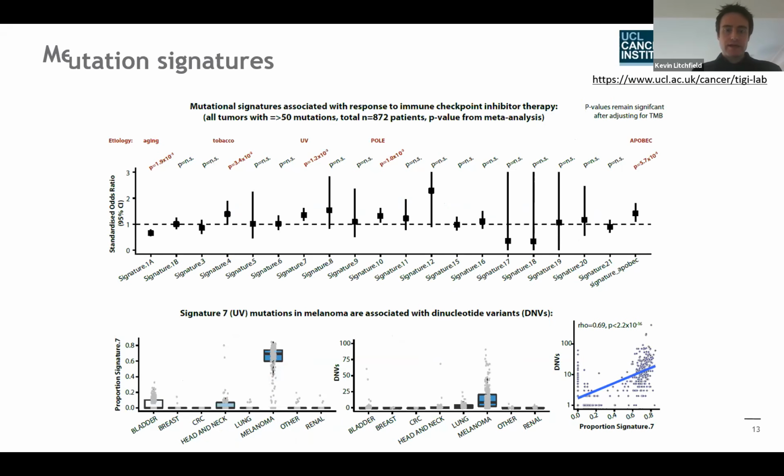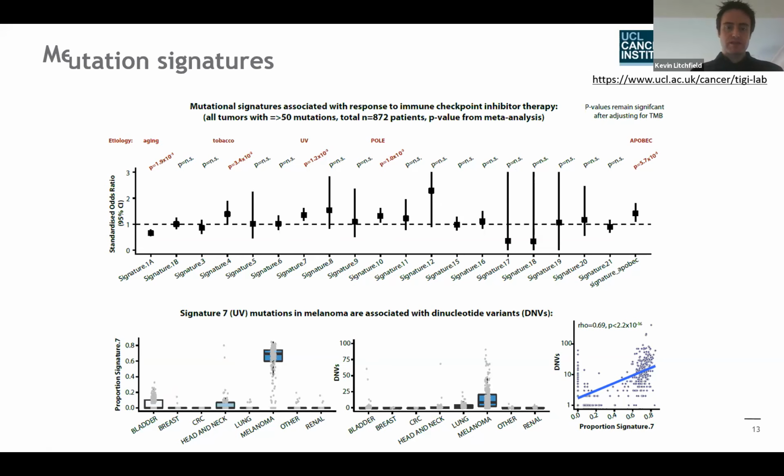We moved on in our analysis next to look at mutational signatures. We first of all did an analysis of all of the published COSMIC mutational signatures, and we found several of them to be predictive of checkpoint inhibitor response, and this is after correction for tumor mutation burden. Also this was a meta-analysis, so each tumor type was treated individually.